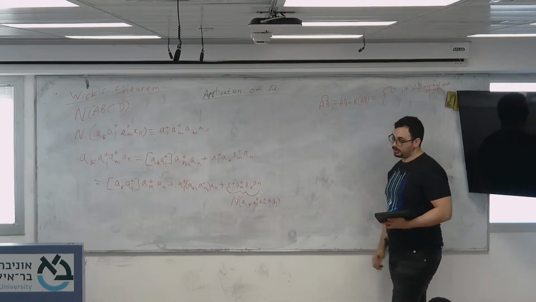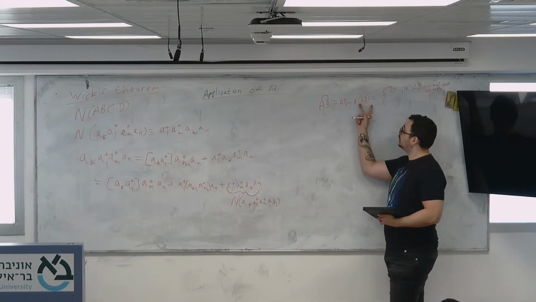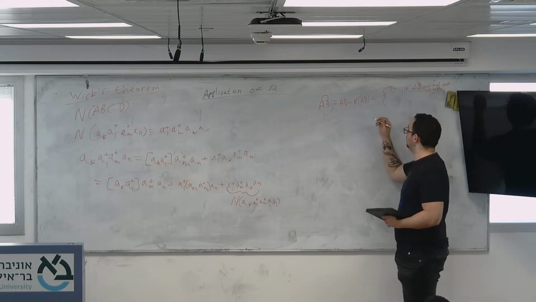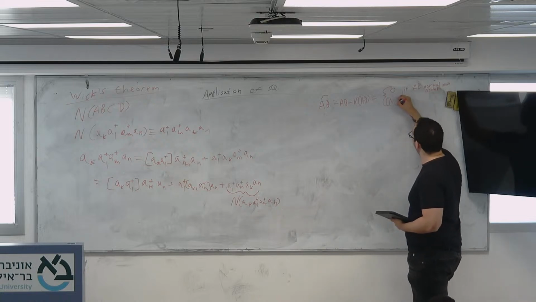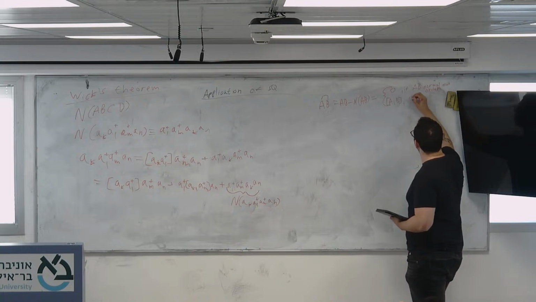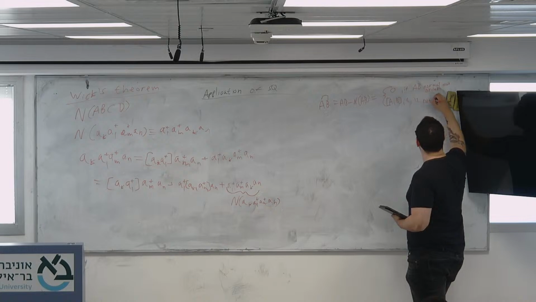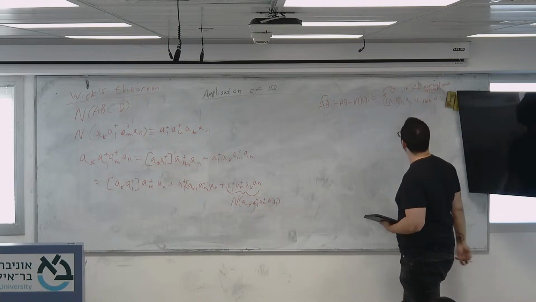If A and B are not normal ordered, this will just be BA, and the contraction will be just the commutator of AB.